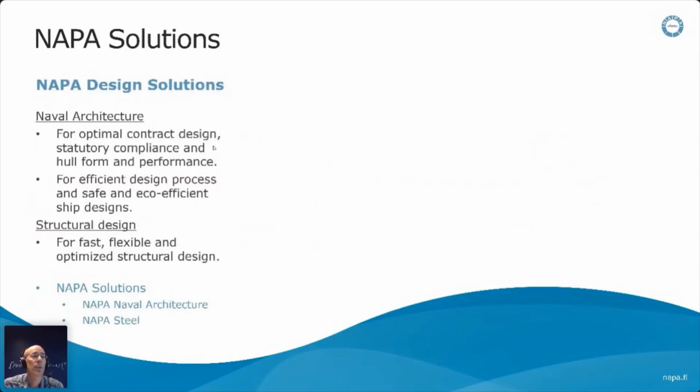First of all, the NAPA original solution, which is NAPA Design, which has the solution for contract design and statutory compliance of hull form and performance. We also have solutions for structural design as well. The solutions which you might know by name are NAPA Naval Architecture and NAPA Steel.